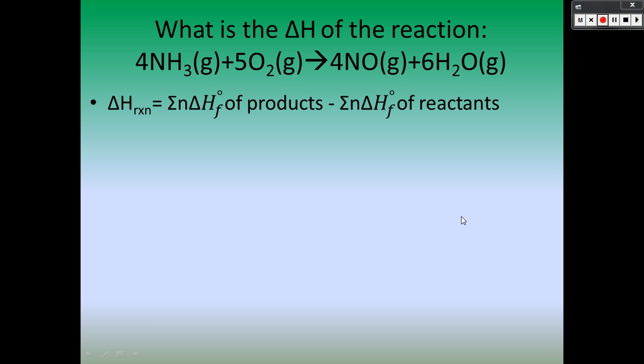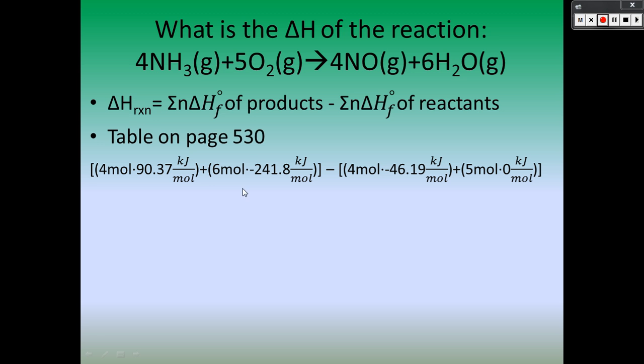So the first thing is, this is the equation we talked about. The sum of the number of moles times the heat of formation of the products minus the sum of the number of moles times the heat of formation of the reactants using the chart on page 530. There you go, table on page 530. And so then this is the entire equation.